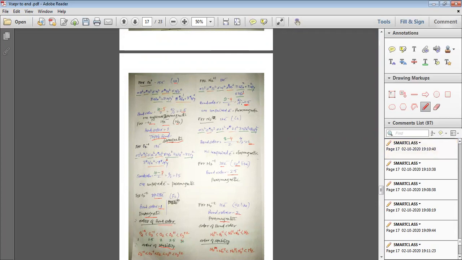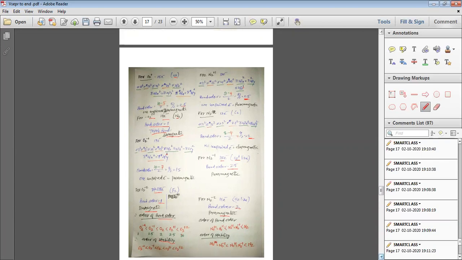So here N2 plus 1 and N2 minus 1 have similar bond order, that is 2.5, and N2 plus 2 and N2 minus 2 have similar bond order, that is 2, but nitrogen has got 3 bond order.